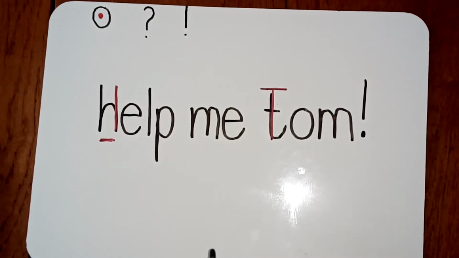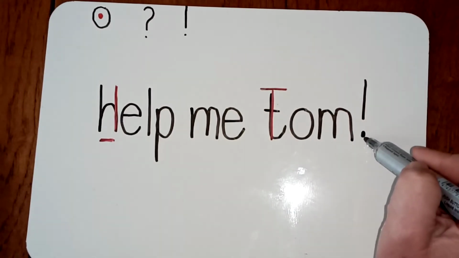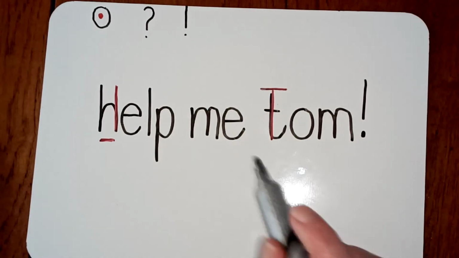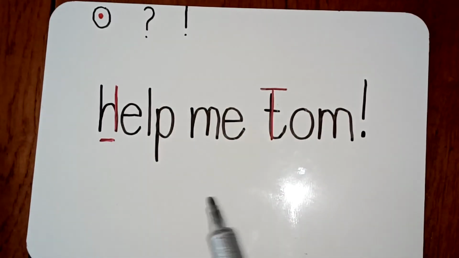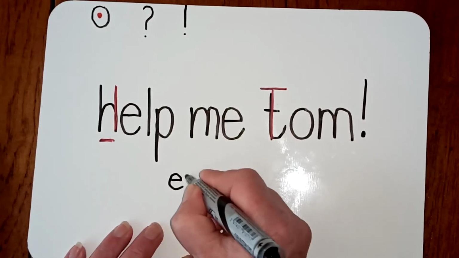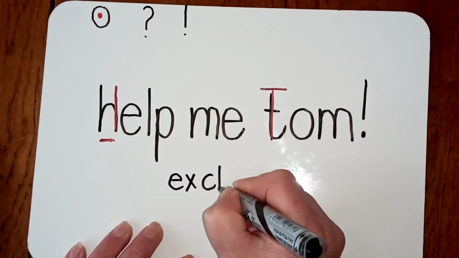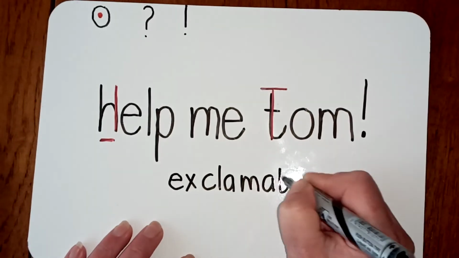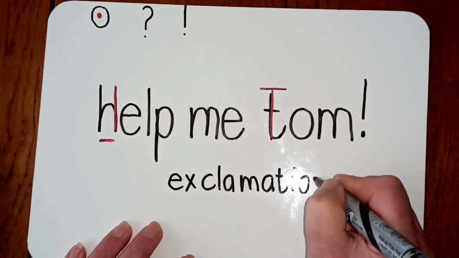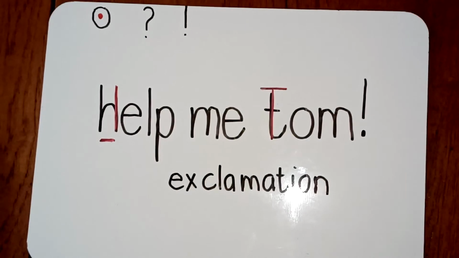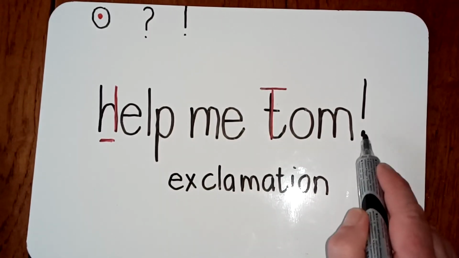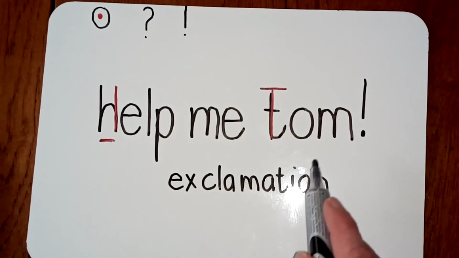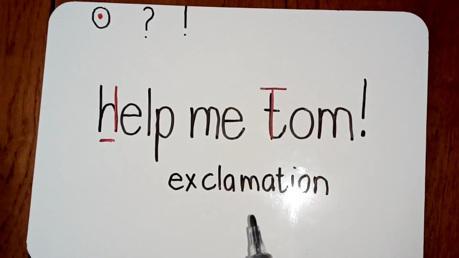And to show that that's how you must read it, it would be an exclamation mark, because this kind of sentence is called an exclamation. Long word, exclamation. And this is called an exclamation mark when you want something shouted or you are surprised.